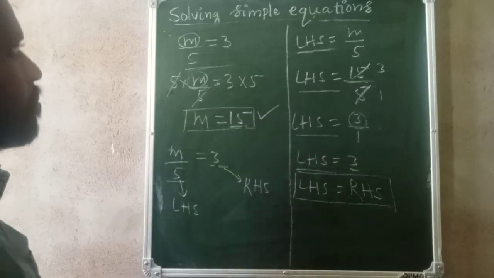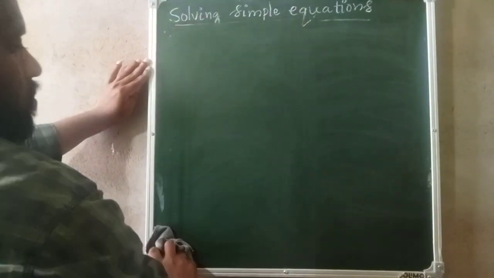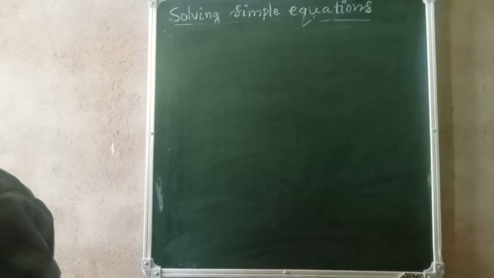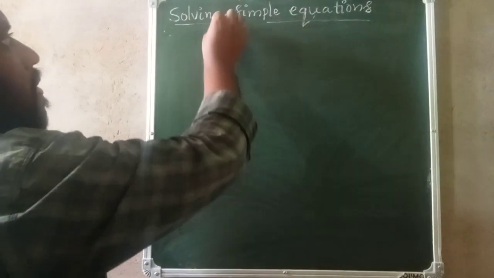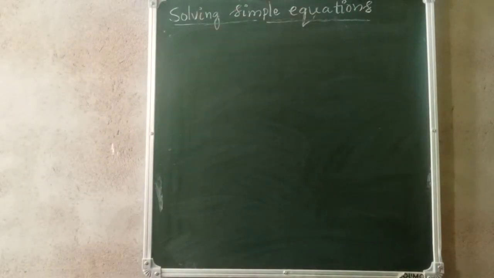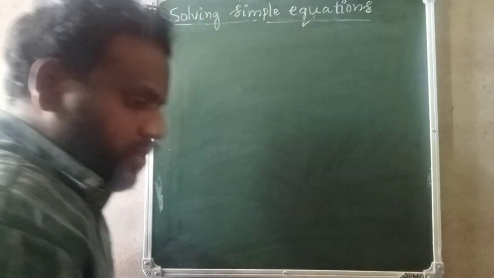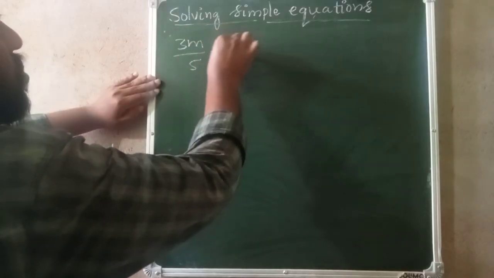Next, I will take another example. Let me rub this. Next, 3m by 5 is equal to 6.